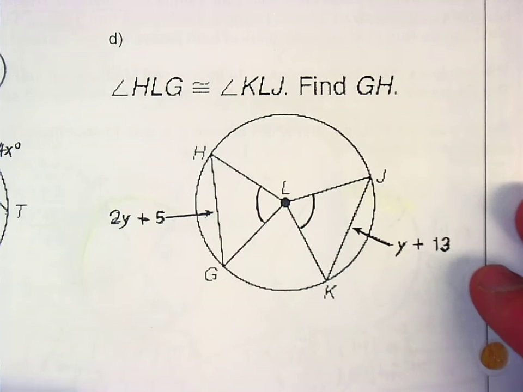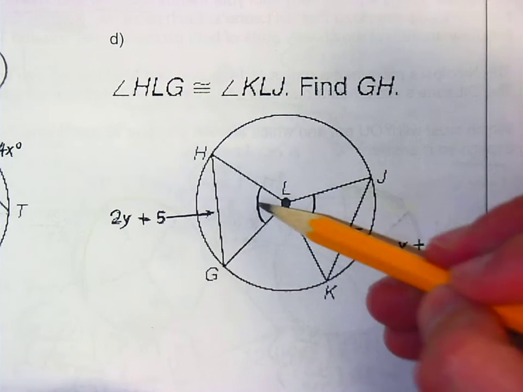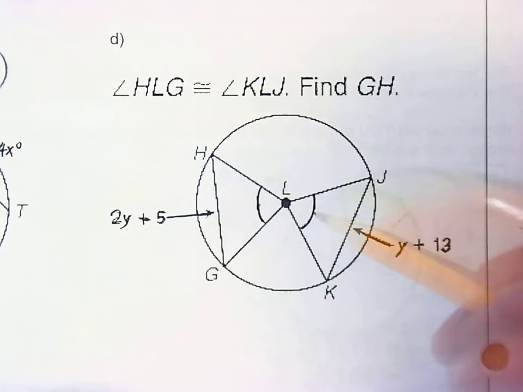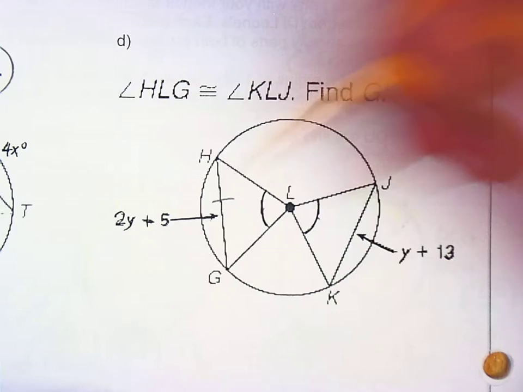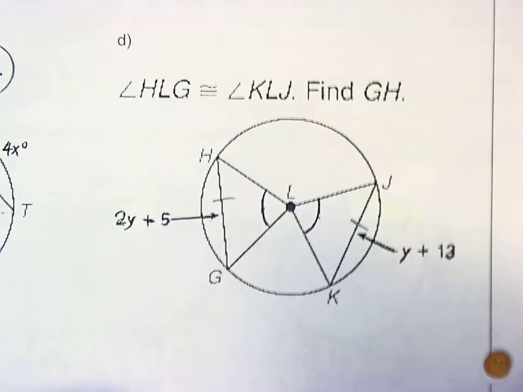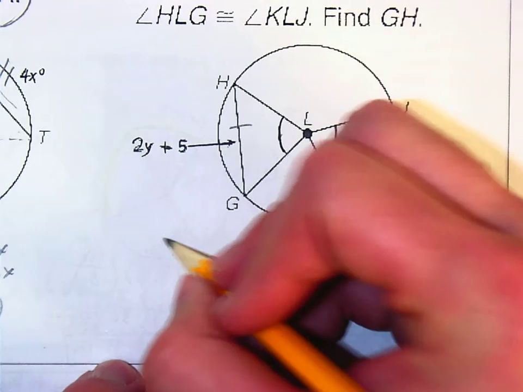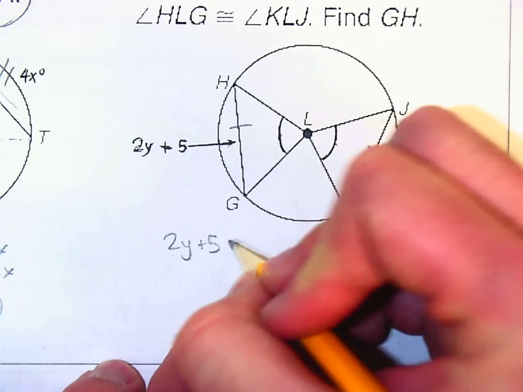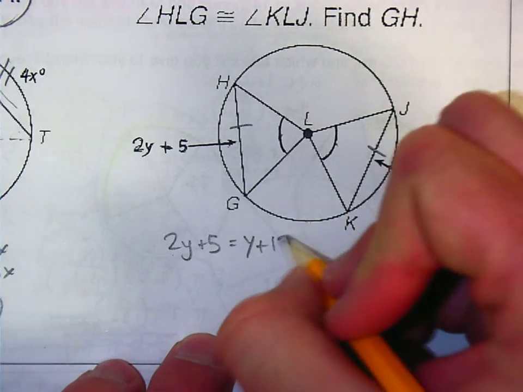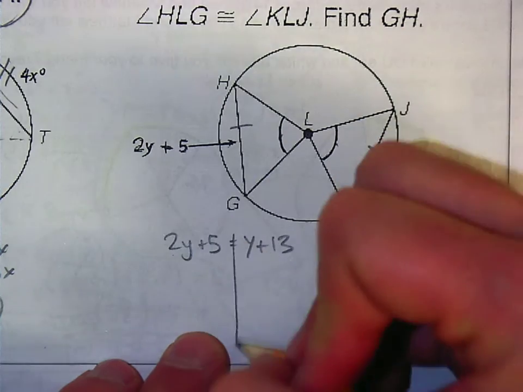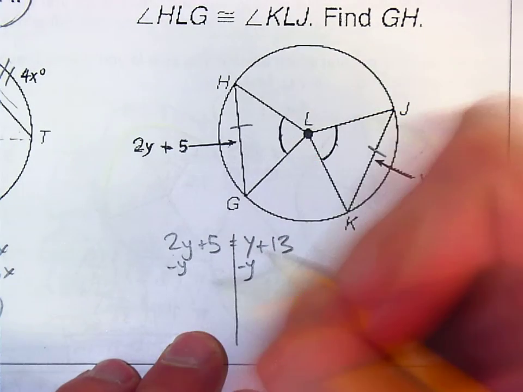And last but not least, letter D. They tell us that this angle is congruent to this angle. Well, then we know that these chords are also congruent. They're the same. So we are going to do 2y plus 5 equals y plus 13. And again, we're just solving for y here.